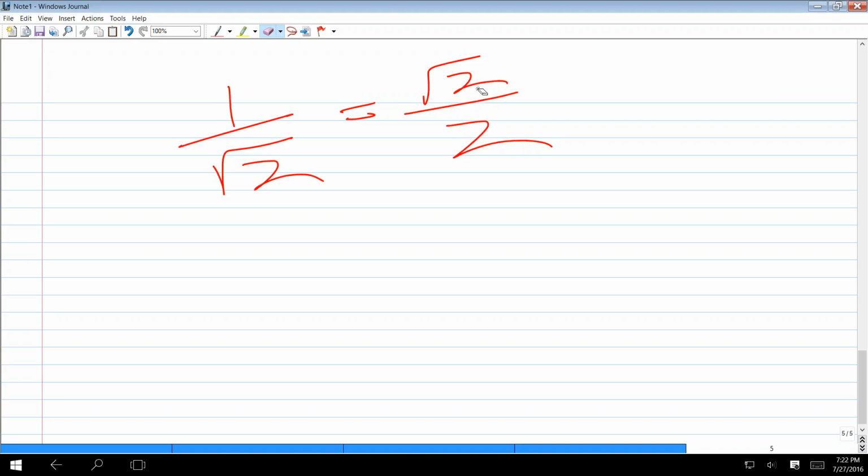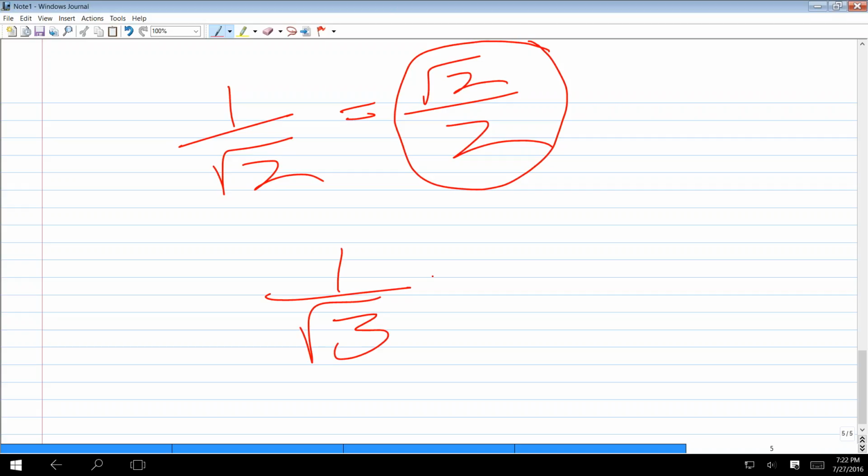Well, now I have the irrational number in the numerator, not the denominator. It's difficult to explain why mathematicians hate dividing by irrational numbers, but just accept it and know that you can never have an irrational number there. So what if I came up with an answer like this?